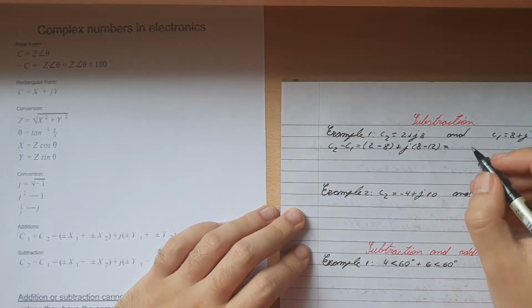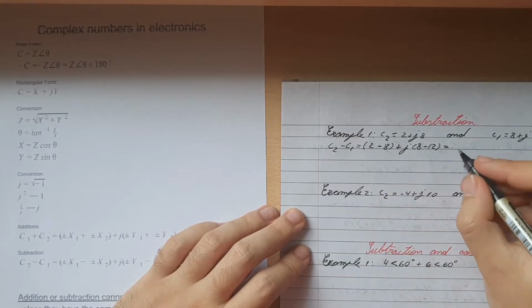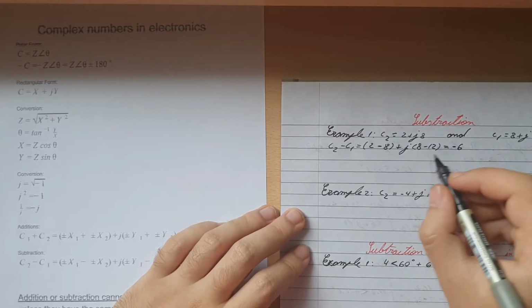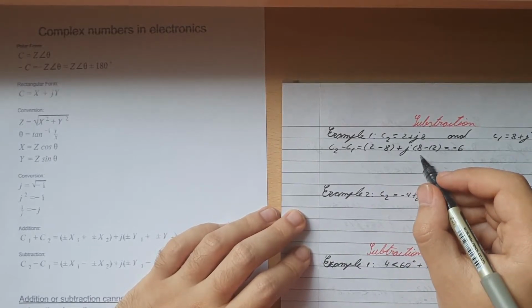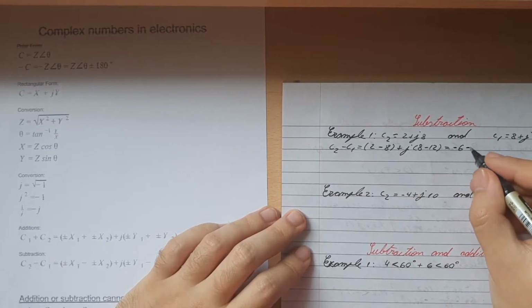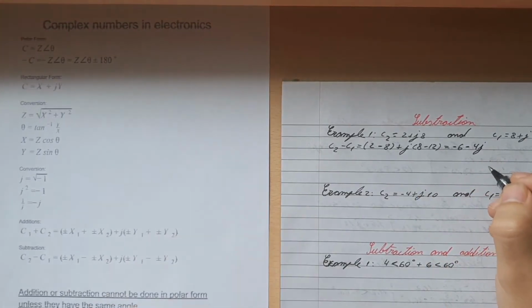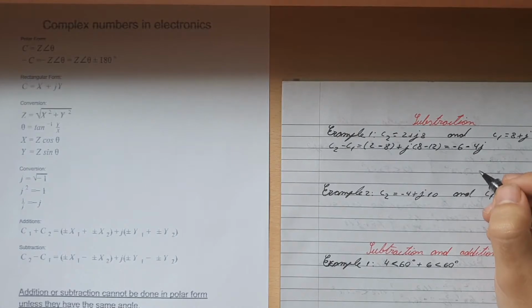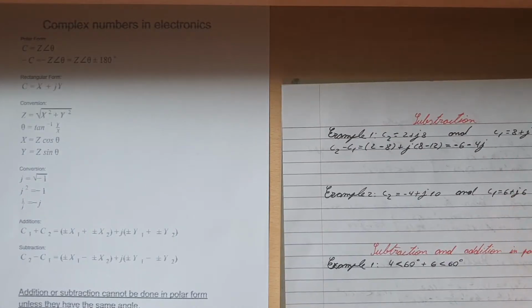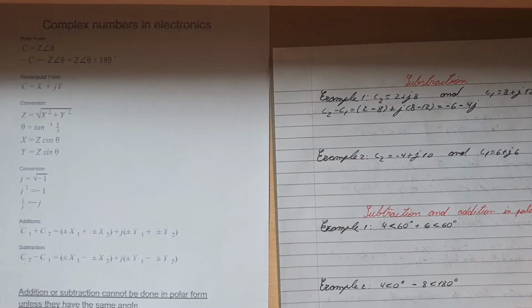Then that will be minus 6, and then 8 minus 12 will be minus 4, so that will be minus 4j. So that's the answer. Again, very simple to add them in rectangular form, or to subtract them as well.